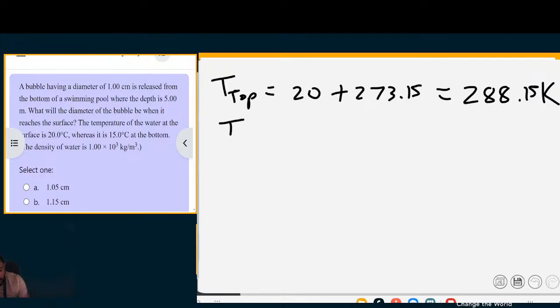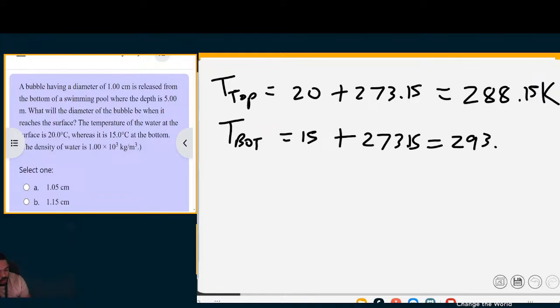Now the temperature at the bottom, I'm just going to write bot. It's going to be 15 plus 273.15 equals 288.15 Kelvin.